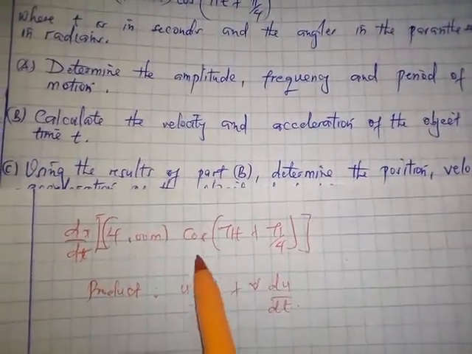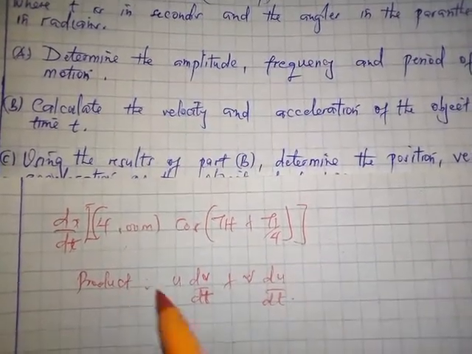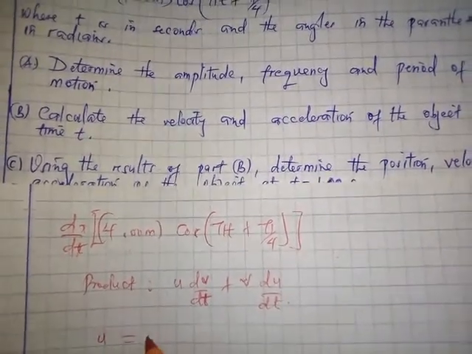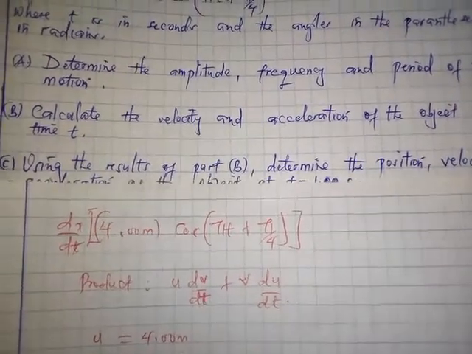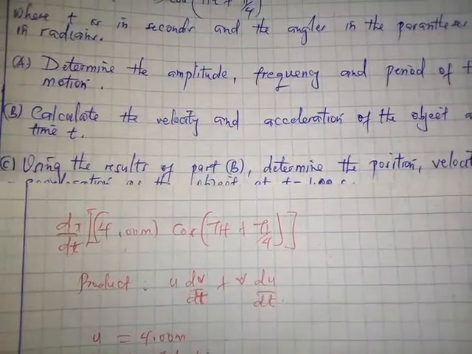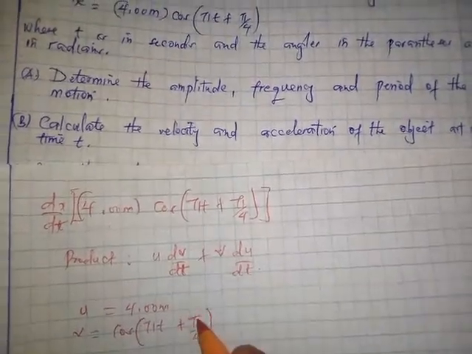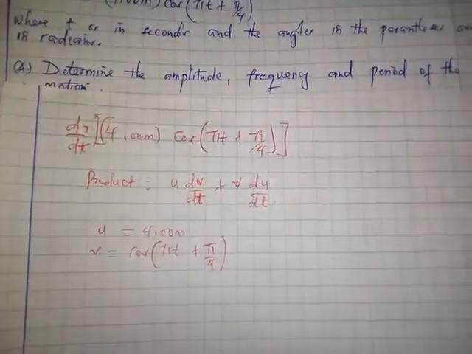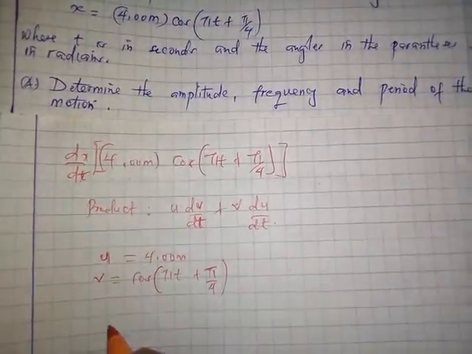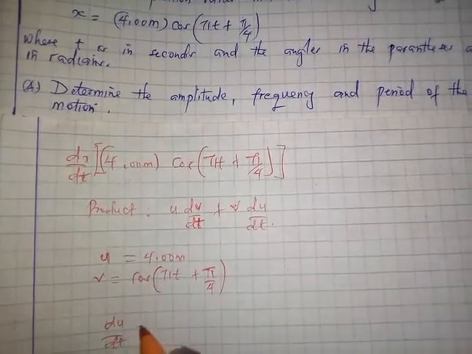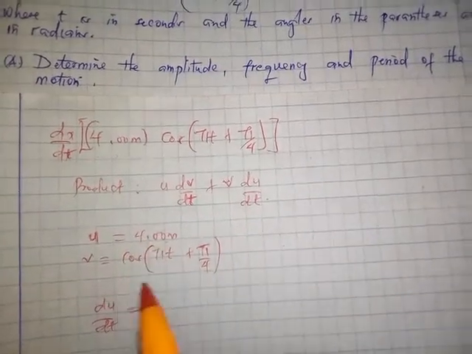From this expression for displacement x, let's take u to be 4.00 meters, then v to be cos(πt + π/4), so that du/dt is equal to 0. Remember, when we differentiate a constant, we get 0.